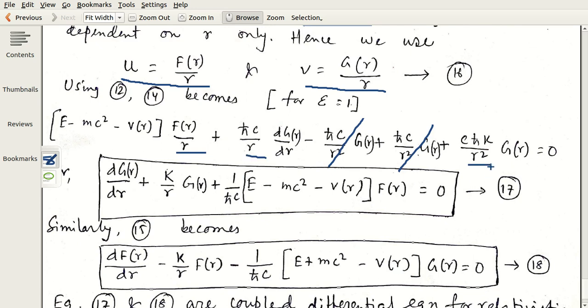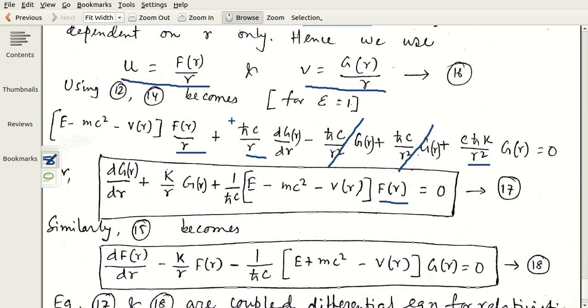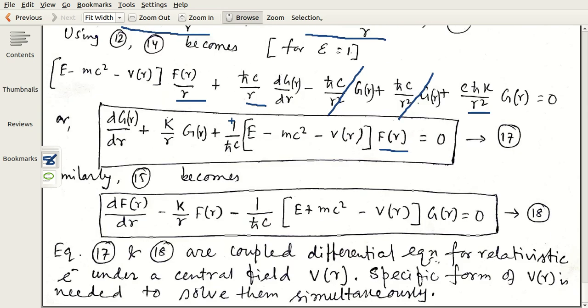So multiply by r and you find this solution: dG/dr plus κ/r times G plus 1/ħc times this expression in F equals 0. And similarly, the other equation, 15, gives this expression.